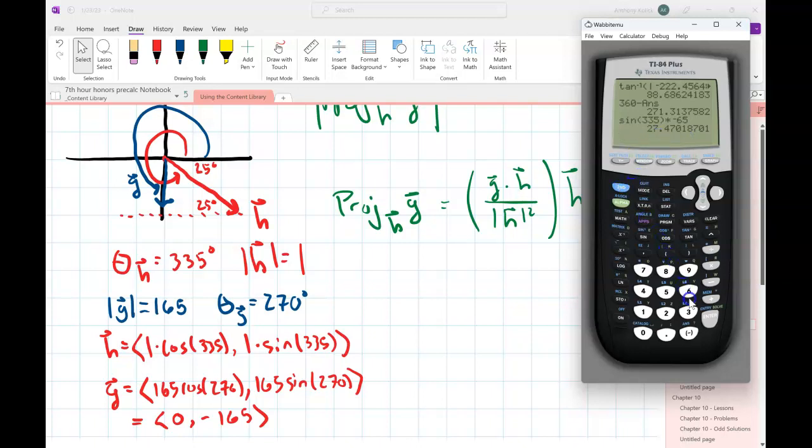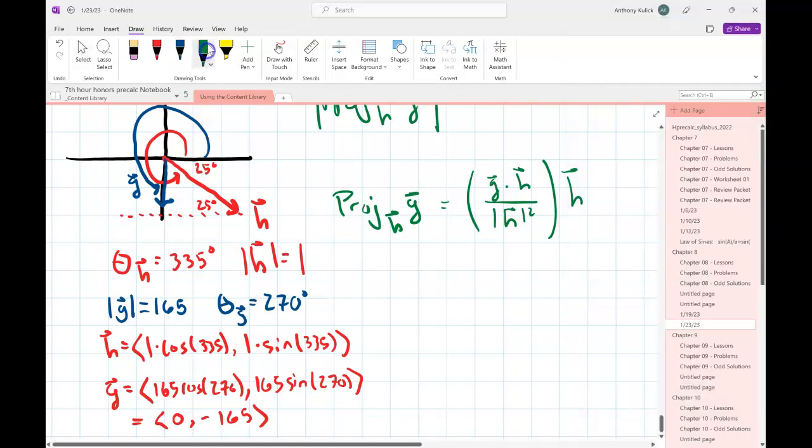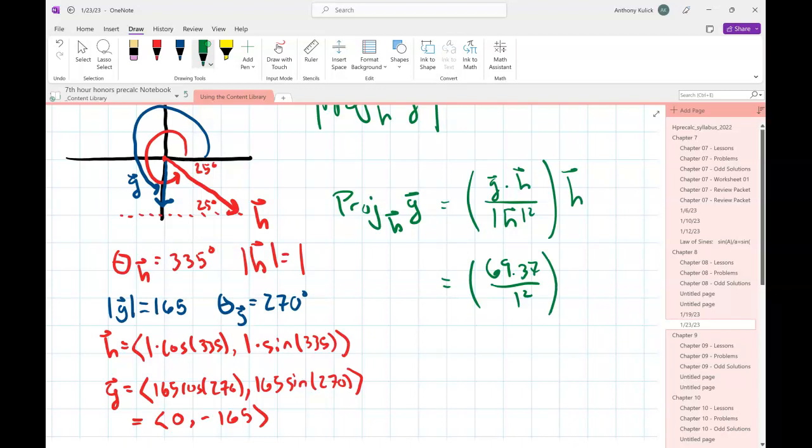Oops, I said -165, not 65. So 6937. And again, the magnitude of H is just 1, so that's 1 squared.